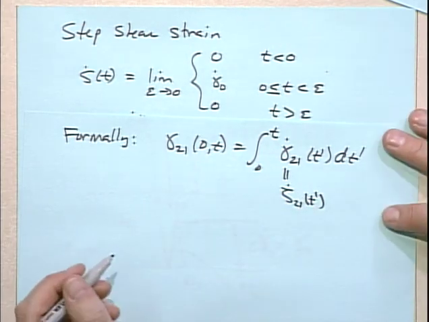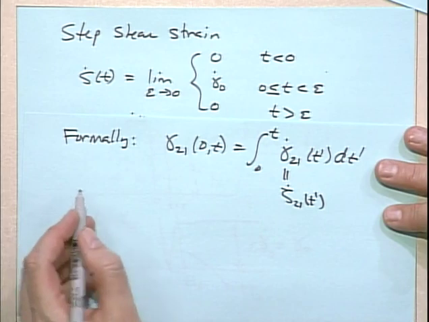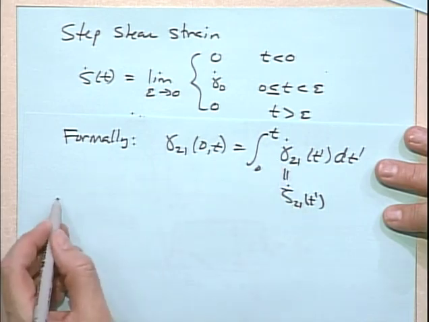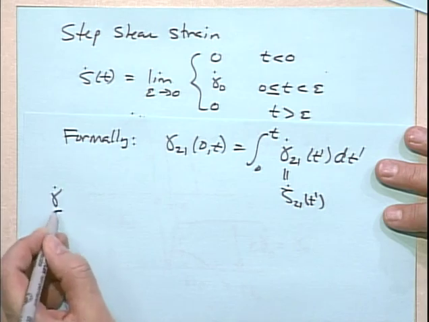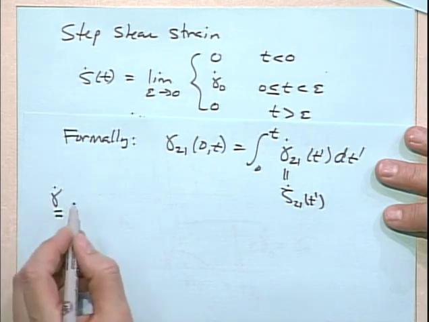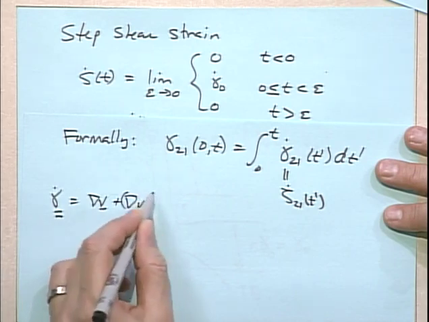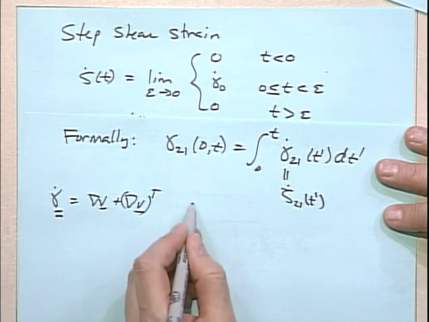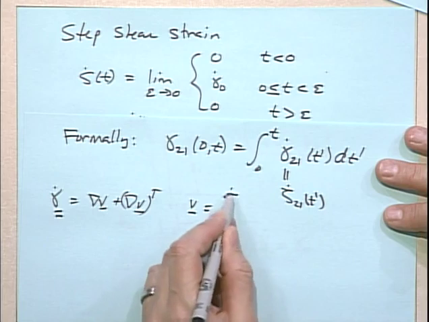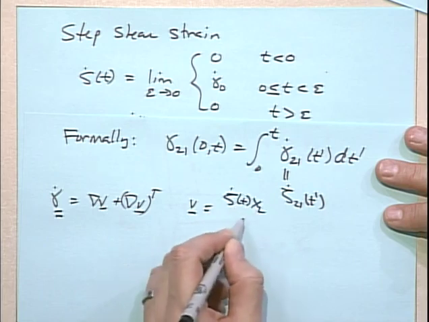How do I know that? Well, that goes back to what gamma dot naught is, what gamma dot 21 is. That's the 21 component of this tensor. This tensor is del V plus del V transpose. V for this flow is sigma dot x2, 0, 0.